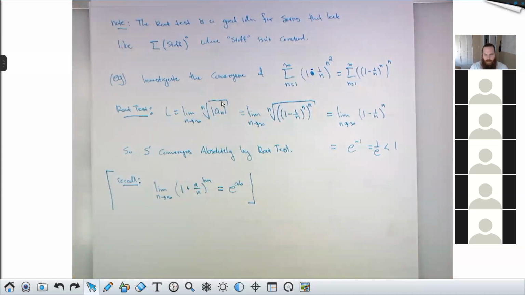This is a special limit that I will let you use freely on the exam. But if you want to remember it, I strongly encourage that you prove it. The way you do this is by taking natural logs. So you take the natural log of this expression, rewrite it as an indeterminate ratio, apply L'Hopital's rule, then take the limit, then exponentiate.